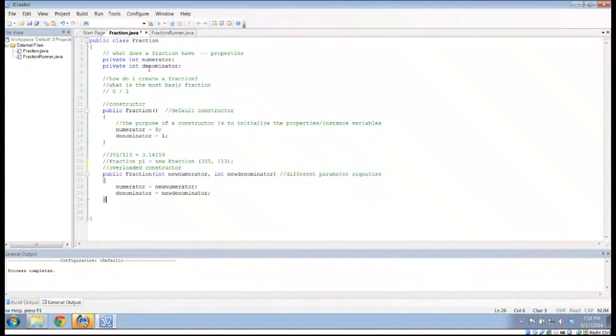After all, these things are private, which means only the fraction class can manipulate these variables. The way that we access this stuff is through something called an accessor.